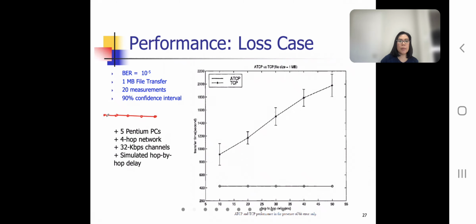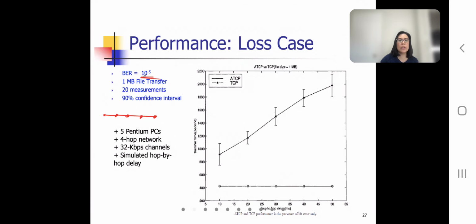So the delay from here to here will be increased from 10 milliseconds to 20, 30, 40, 50 milliseconds. So this hop delay will impact the round trip time, and the round trip time will affect the retransmission timeout. And they assume a bit error rate of 10 to the power minus 5.